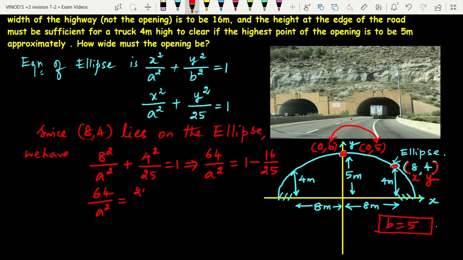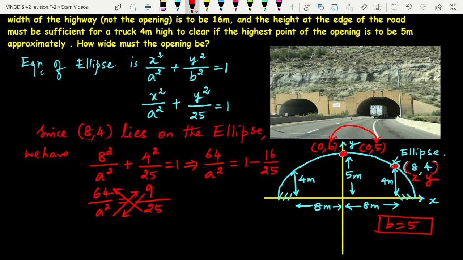So 64 by a square is equal to 25 minus 16 divided by 25. So 25 minus 16 is 9.